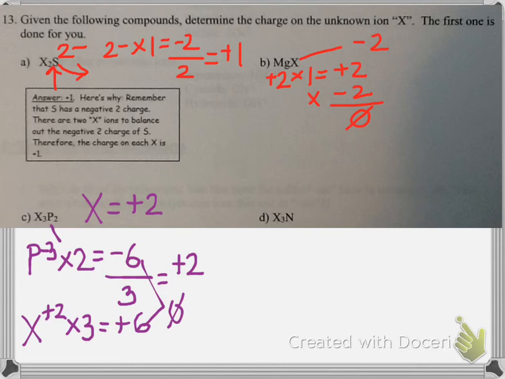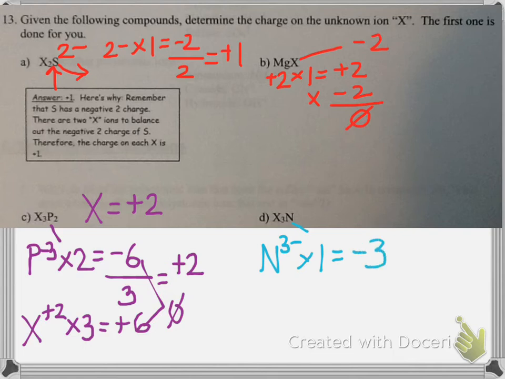This final one, nitrogen is in group 5A, so it could lose 5 or gain 3. It's going to gain 3, so nitrogen has a charge of -3. There's only one of them, so that gives me a total charge of -3.